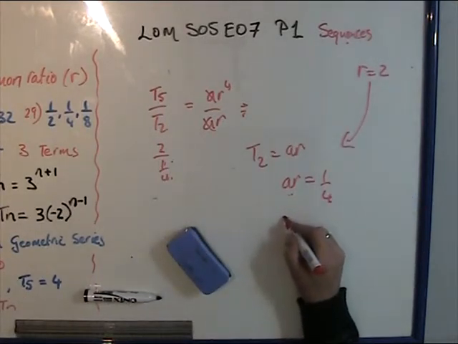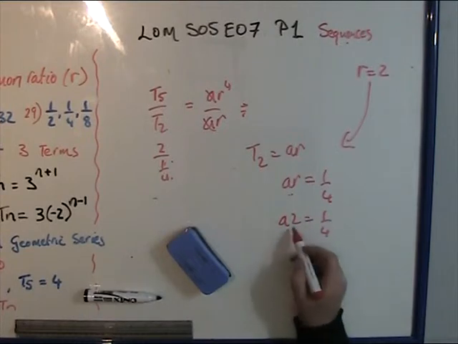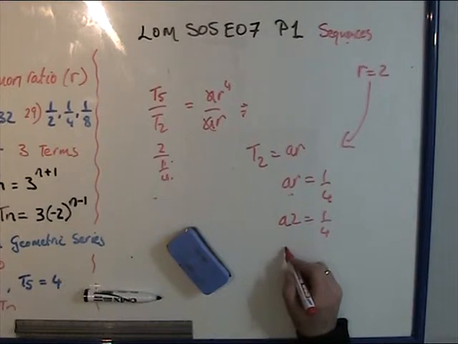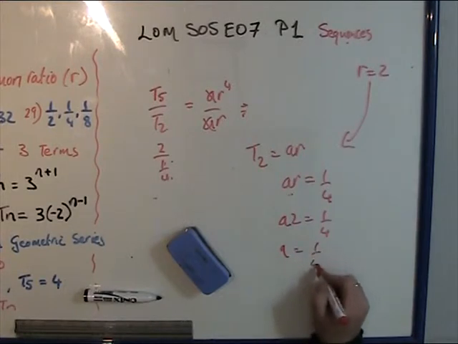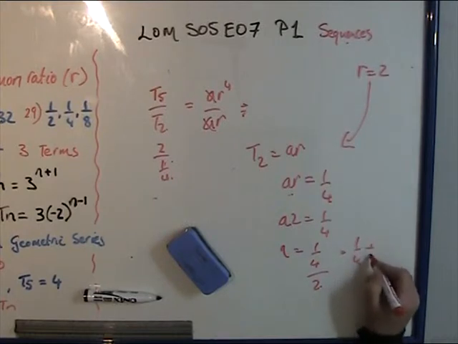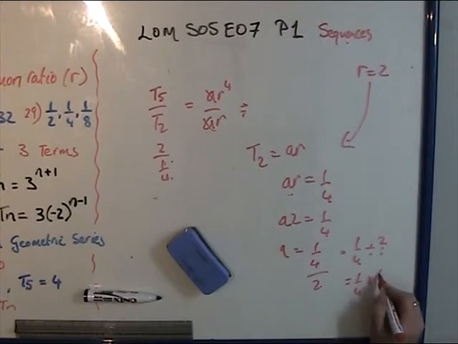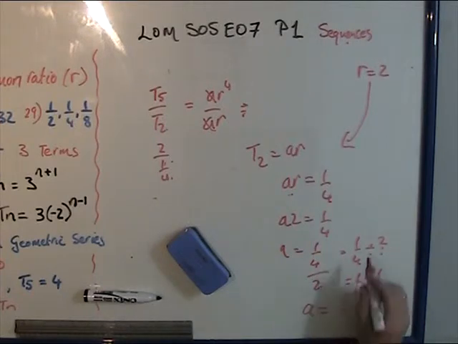So A times 2 is equal to a quarter. I bring across the 2 and multiplication becomes division. So A is equal to a quarter divided by 2, which is a quarter divided by 2 over 1, which is a quarter multiplied by 1 over 2, which is an 8. I'll just check that answer. A is equal to an 8.